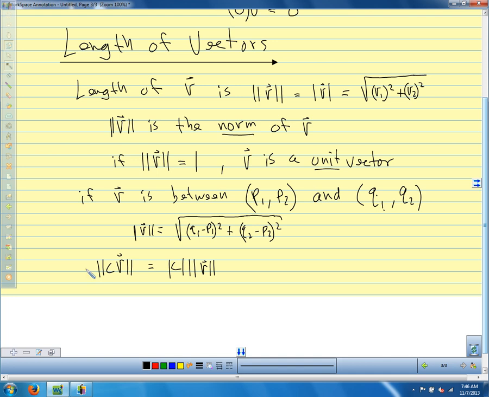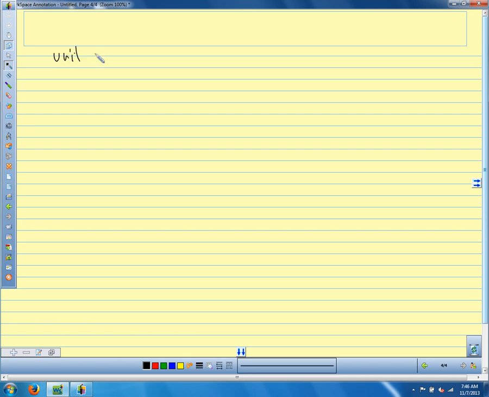So to find a unit vector in the direction of v, we just take our vector and divide it by its magnitude.